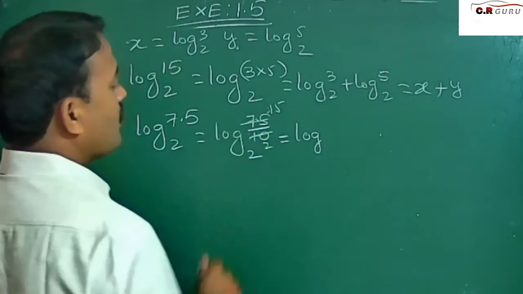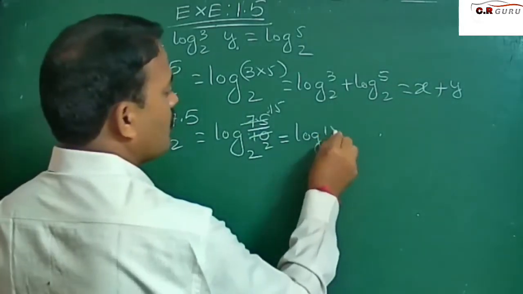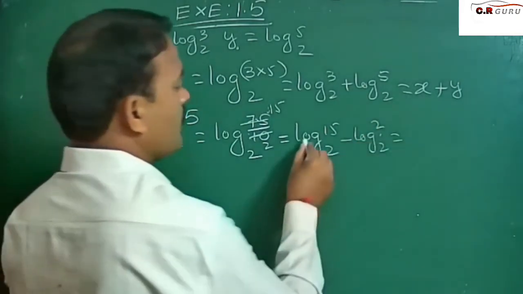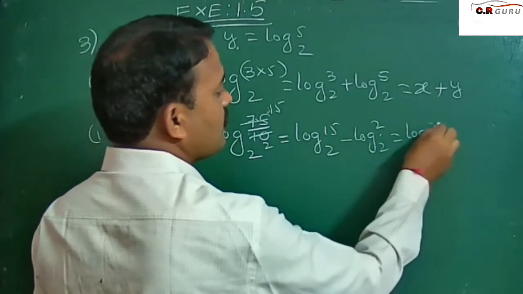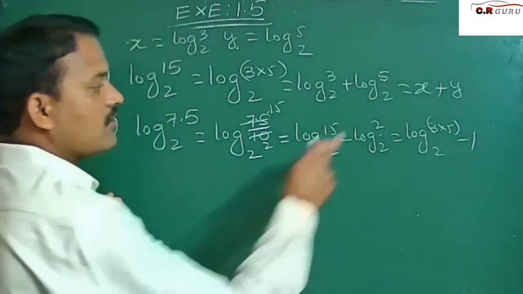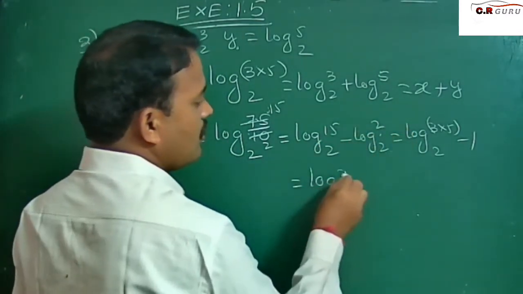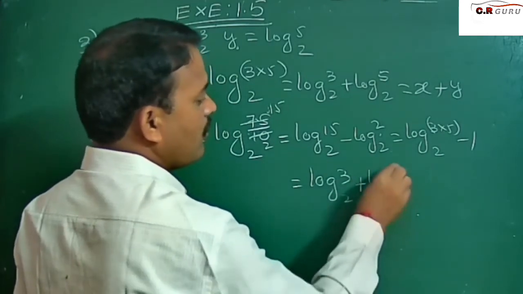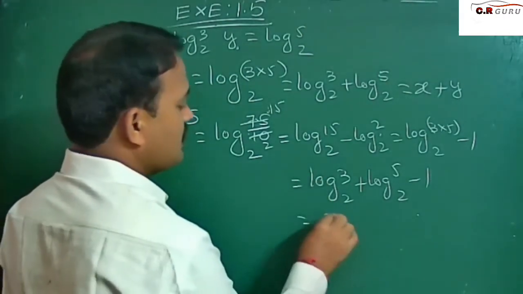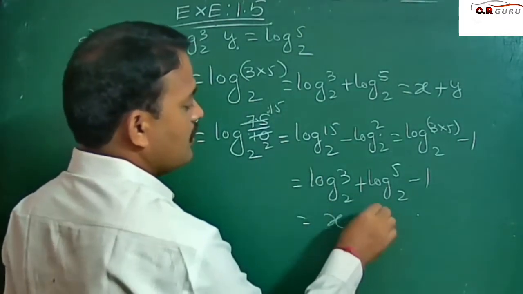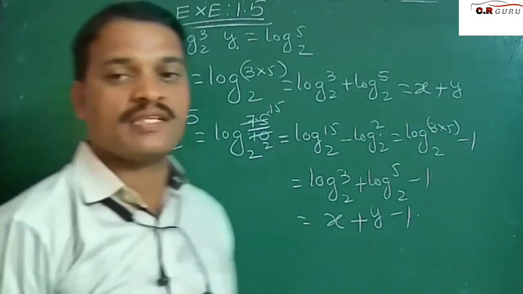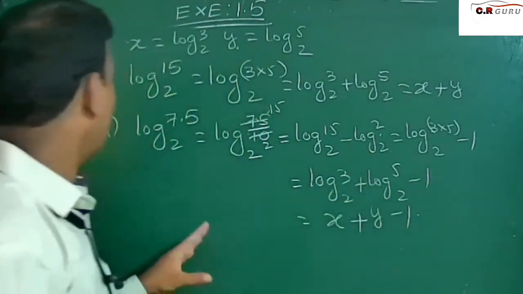Then using the log A by B formula, log A minus log B, that equals log of 3 into 5 base 2 minus log 2 base 2, which is 1. So log 3 base 2 plus log 5 base 2 minus 1, which is x plus y minus 1. So this is the second sum.